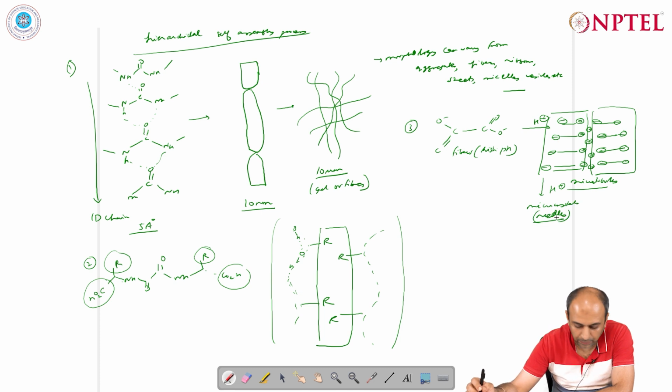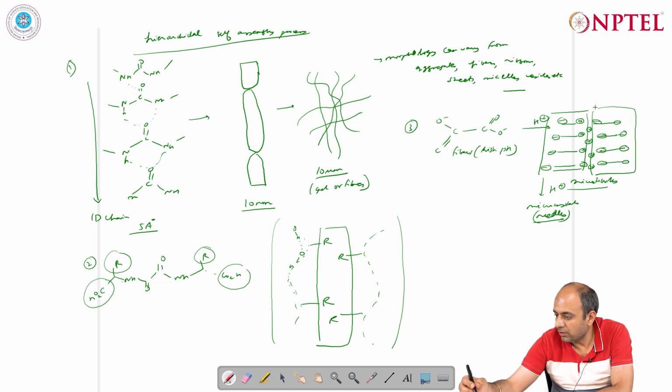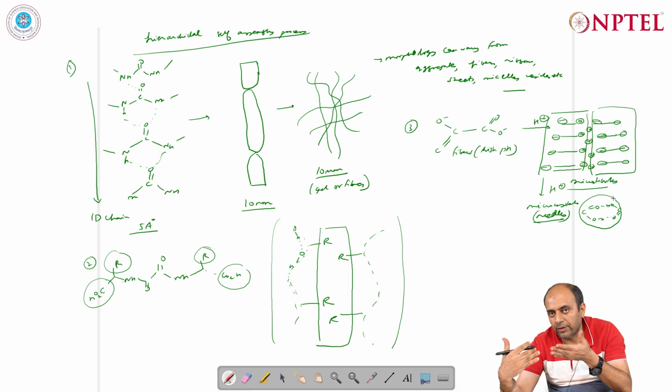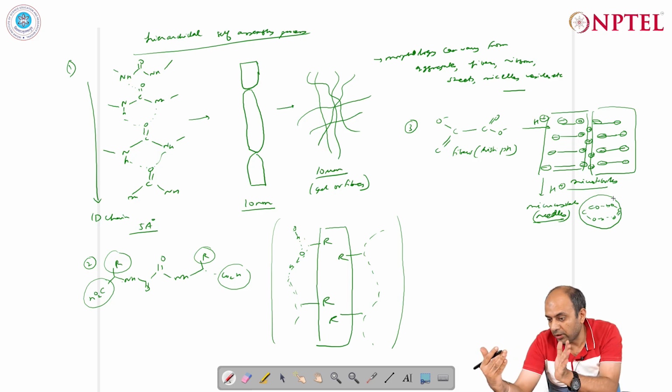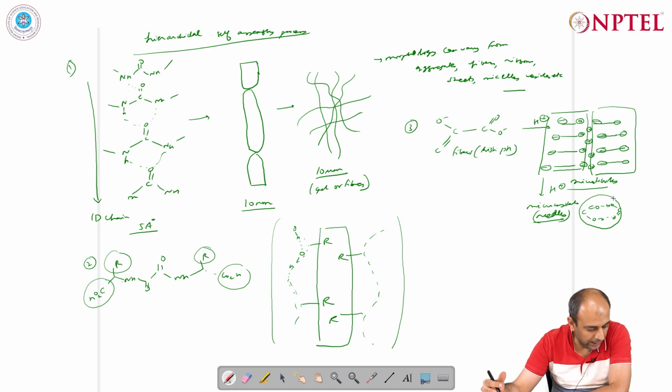Needle formation takes place. So what happens at the interface is the formation of these hydrogen bonds, because you added the proton source now, and they now lead to further aggregation from the fibers which are formed at high pH, and then they form these microtubes, and finally they will form the microcrystals.